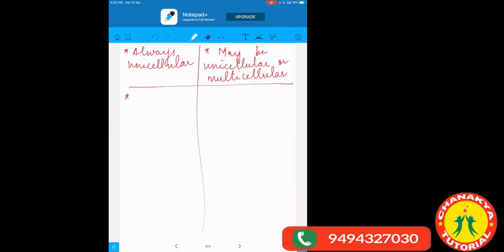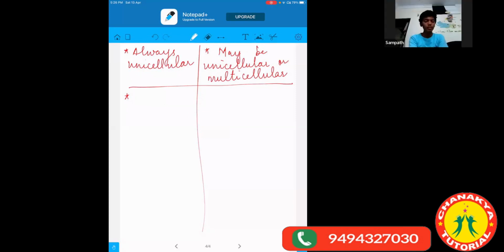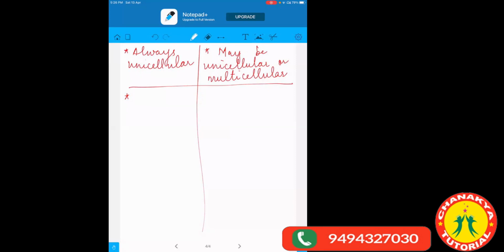Clear, children? Yes, ma'am. So they are always unicellular in the prokaryotic case, whereas in the eukaryotic they can be unicellular or multicellular.